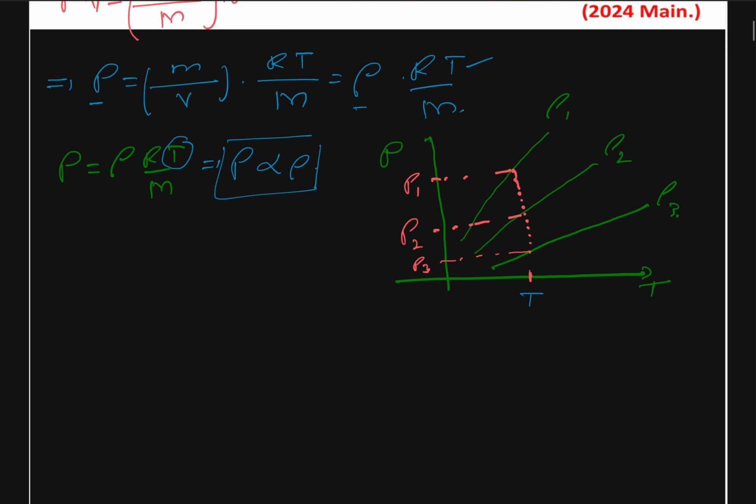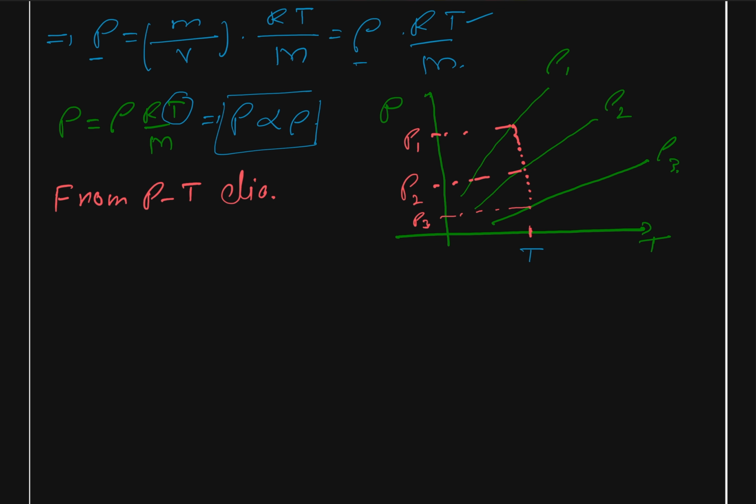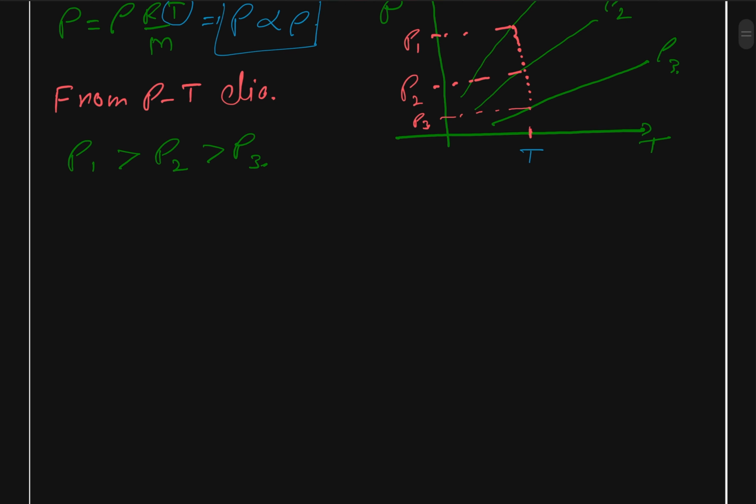And from the PT diagram we can easily see that our P1 is greater than P2 is greater than P3. Therefore, because pressure and density are directly proportional to each other, we can say our rho 1 is greater than rho 2 is greater than rho 3.